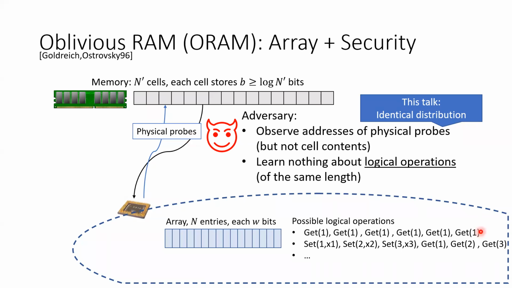So for every possible sequence, sequence 1, sequence 2, all these sequences, they all have the same distribution of physical probes. And in this talk, we just need to consider this kind of algorithms, and we just want to lower bound this kind of algorithm or data structures.